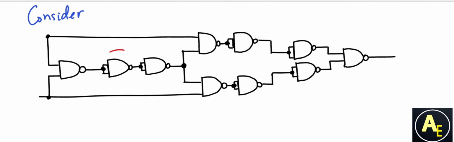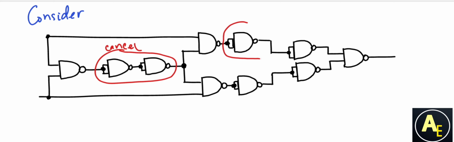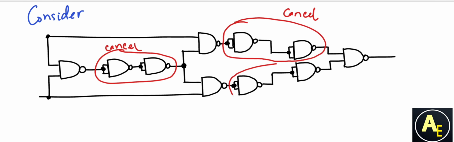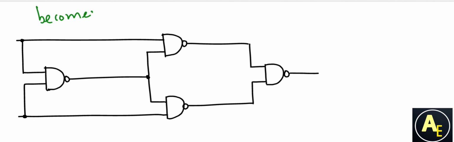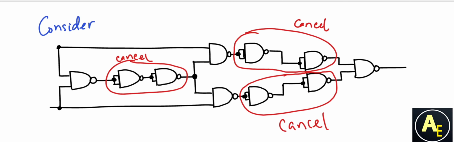So if we consider the circuit given below, where we have 10 NAND gates, we can pair our gates that cancel. We can therefore pair the gates that are closest to each other with the same shared input. Can we therefore simplify this circuit? Well, let's see. Yes, we can. So instead of using 10 gates, we end up with 4 NAND gates.